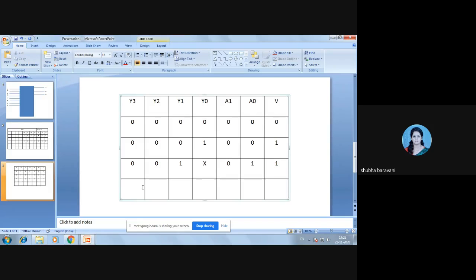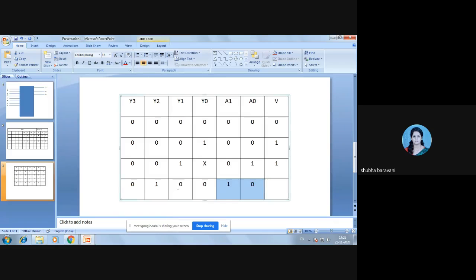Now see, if 0, 1, 0, 0. Any doubts, anyone? Now see, if this was the case, what would be our output? 1 0 would be our output.